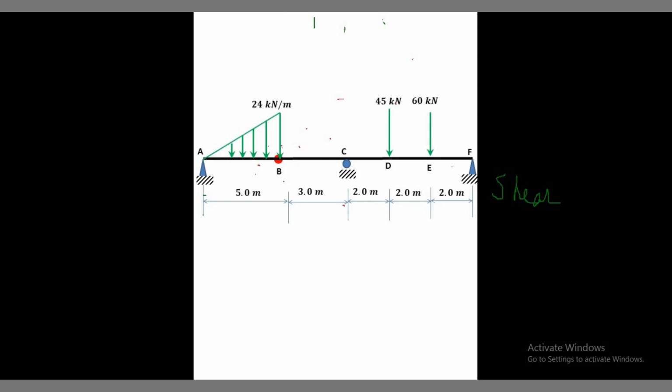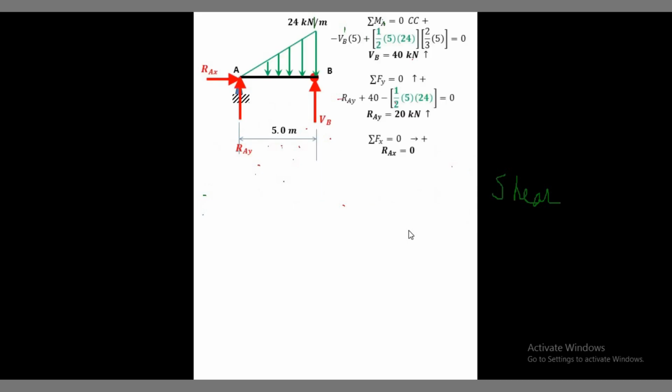Even if you go back to the original beam diagram, wala kayong makikitang forces along the x-axis. Kaya magzi-zero out rin lang yung horizontal reactions dito kay A at saka kay F. So the value of VB is 40 and RAY is 20. RAX is 0.